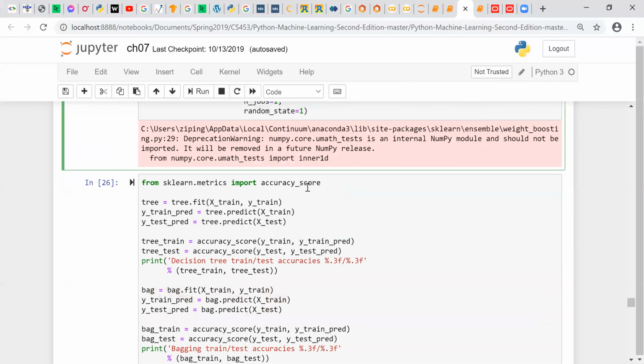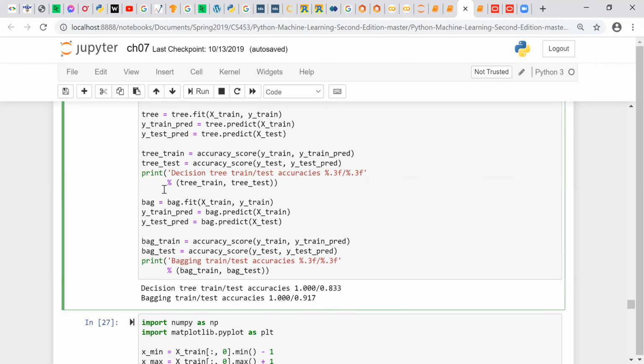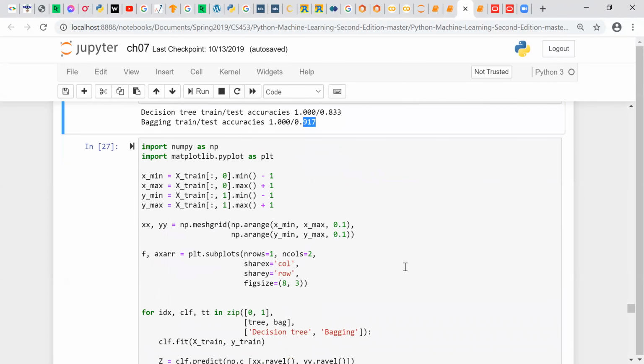And then you can also collect the accuracy. We check the single tree and the bagging, and you can see the difference. With a single tree it's 83%, and with bagging it can reach about 90%.